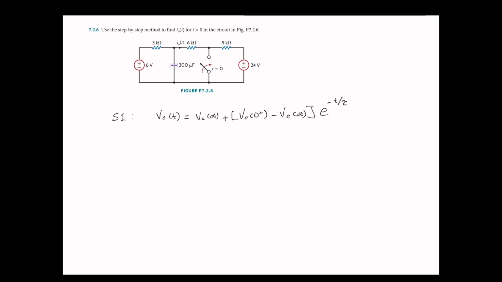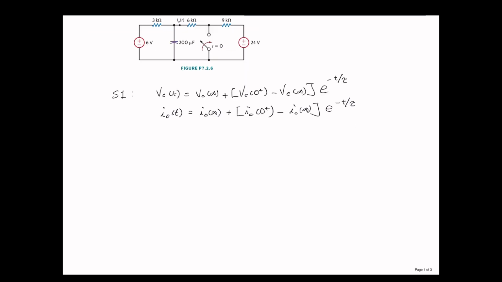Similarly, they want us to find I sub 0 of t: I sub 0 infinity plus [I sub 0 0 plus minus I sub 0 infinity] e to the negative t over tau.